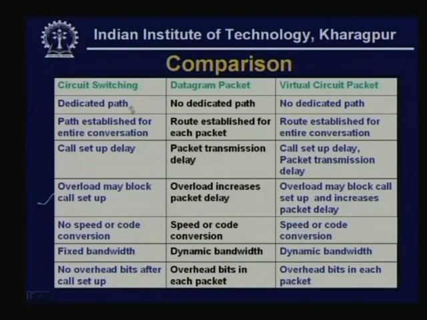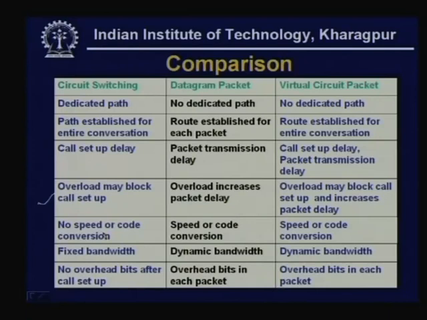Just like circuit switching, there may be blocking in call setup. If path is not available, then call setup cannot be done, and also it increases the packet delay. So, you can see here in the context of overload, the virtual circuit packet switching is not really very good, because it may lead to blocking of call setup and also delay is there.